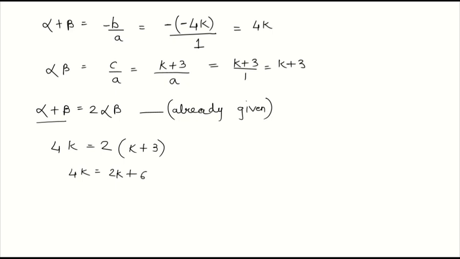Let's solve this further. Therefore, 4k, this 2k will come on the left hand side and become minus 2k, is equal to 6. Therefore, 4k minus 2k is 2k is equal to 6. Therefore, k is equal to 6 upon 2. So 2 ones are 2 and 2 threes are 6. Therefore, the value of k we got is 3. Therefore, k is equal to 3.